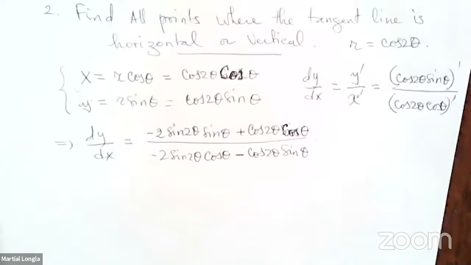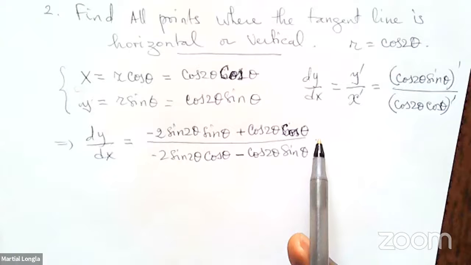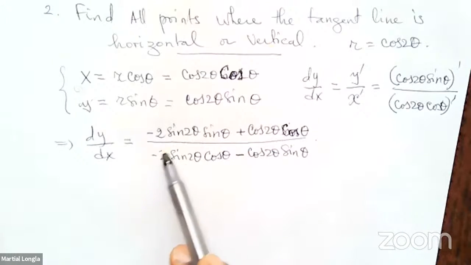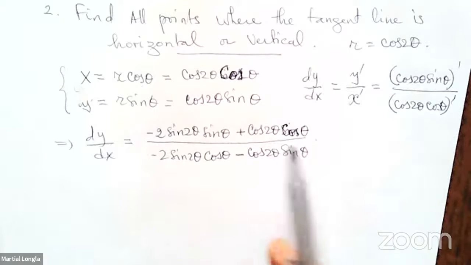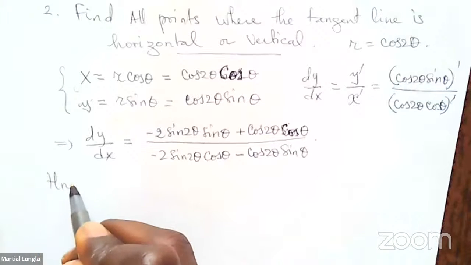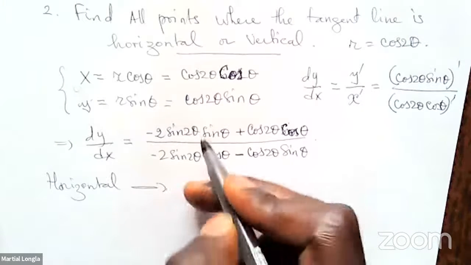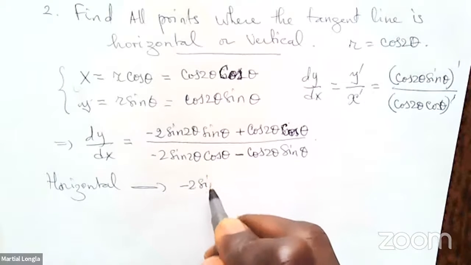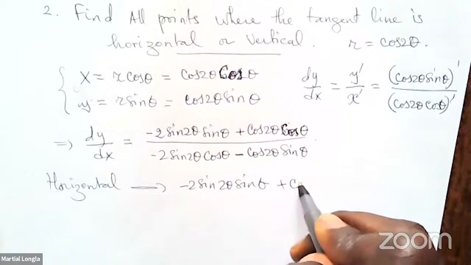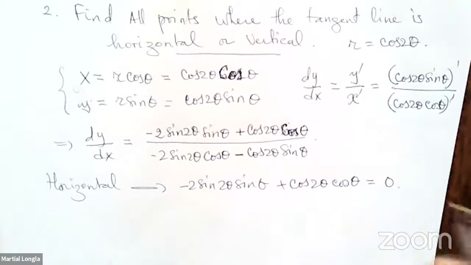So that's it. And for the tangent line to be horizontal, we need that this derivative is equal to 0. For it to be vertical, we need that derivative to be either plus or minus infinity, which means that this denominator is equal to 0. So horizontal would imply -2 sine 2 theta sine theta plus cosine 2 theta cosine theta equals 0.